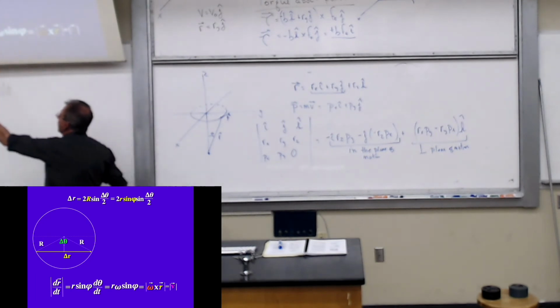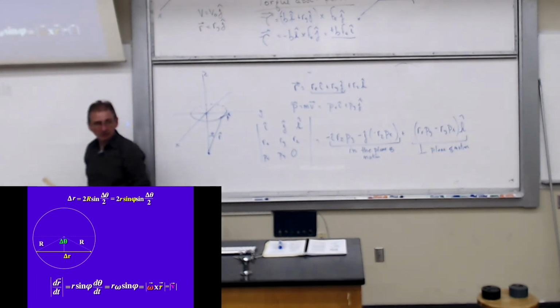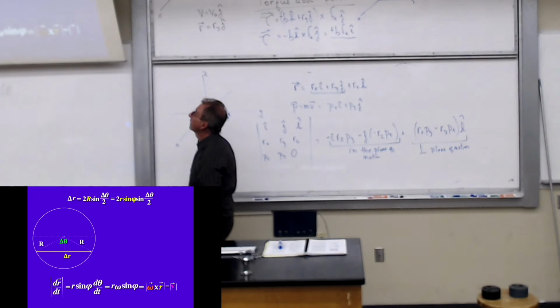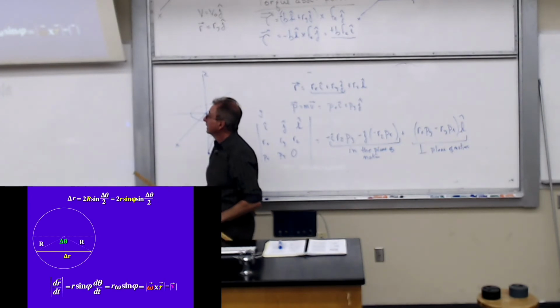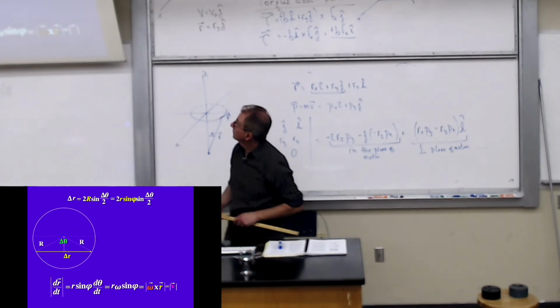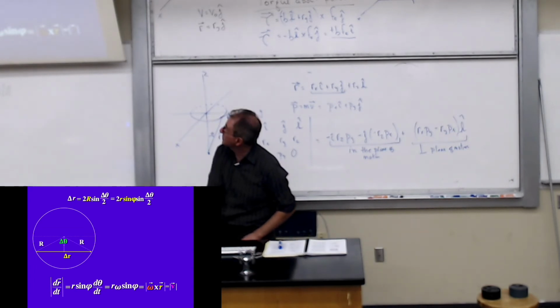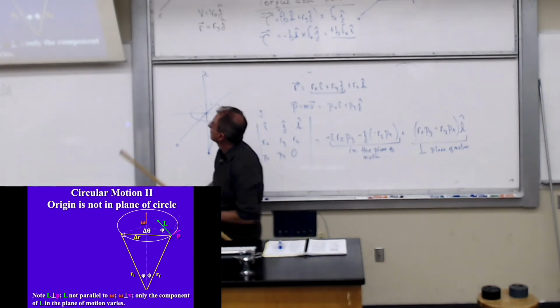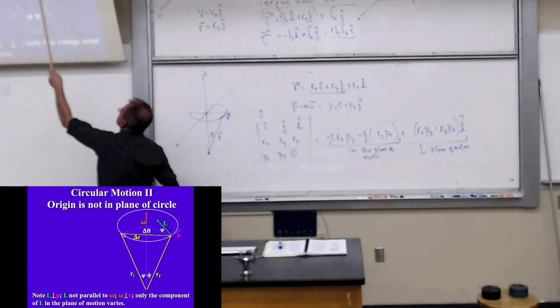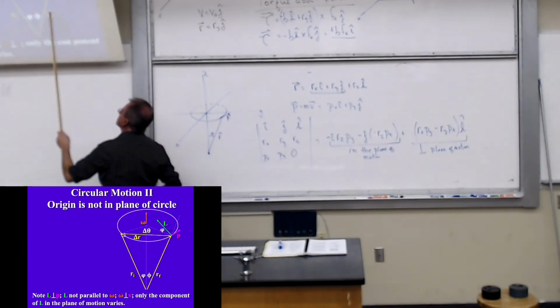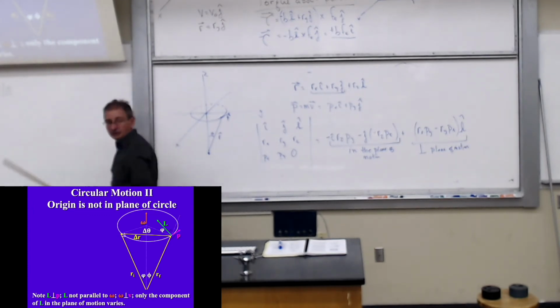Let's assume this angle is small. Isn't it true that delta r is 2r sine of theta over 2, where that radius, this distance, is this length times the sine of phi?